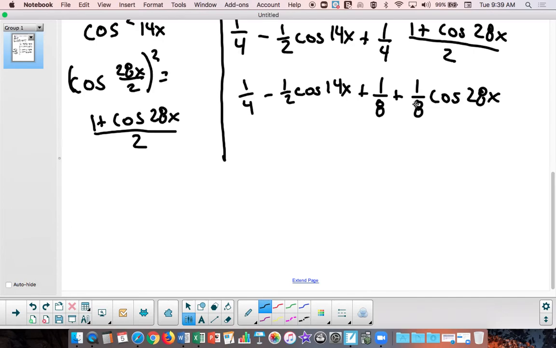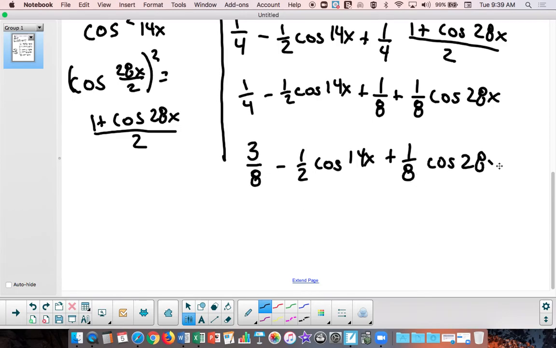And then this portion's done, this portion's done. I just need to combine 1/4 and 1/8, which is 3/8. So 3/8 minus 1/2 cosine 14x plus 1/8 cosine 28x should be your final answer.